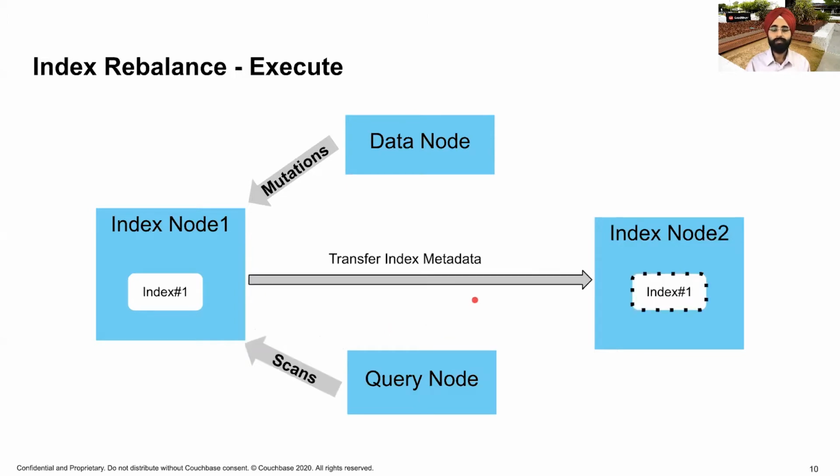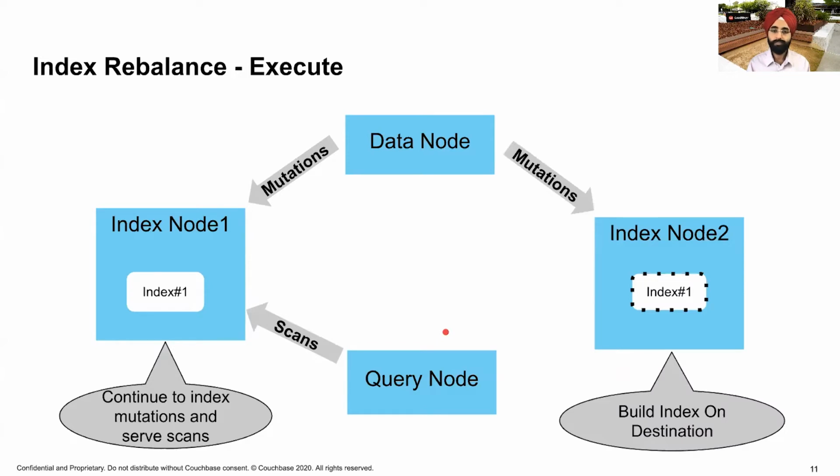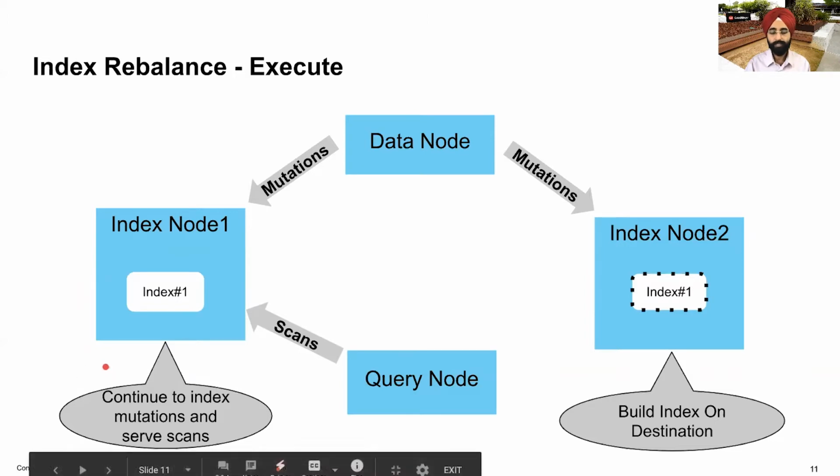The first step really is to transfer the index metadata over to the new node. Once the metadata transfer is done, which essentially means the definition of the index, it will start building on the destination node. And while this is happening, the old index is still receiving the mutations and it is still continuing to index them and serve the scans.